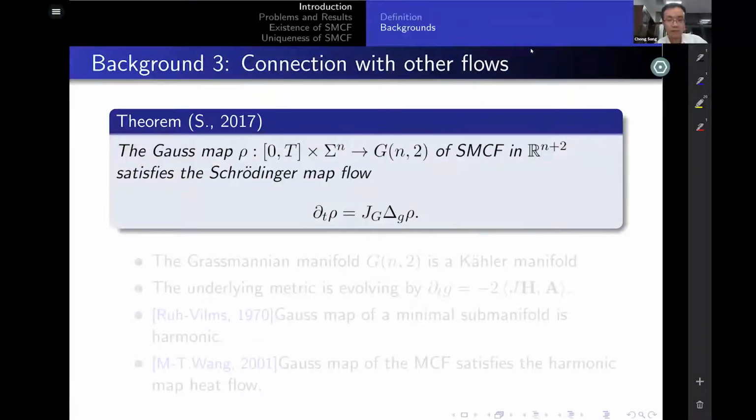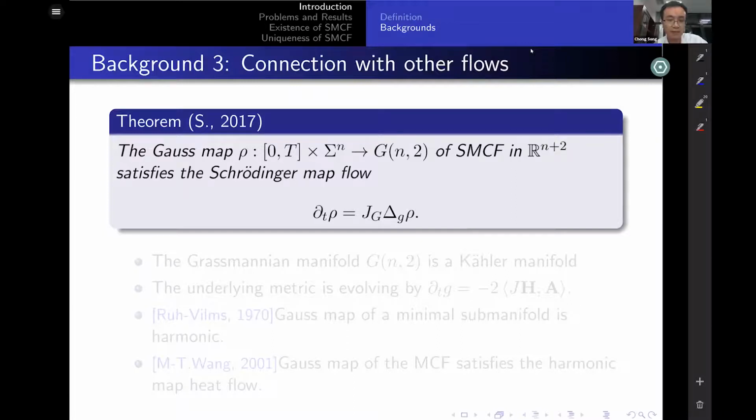And if you look at the Gauss map of the Skew-Curvature flow, then you can find that it satisfies another famous flow, which is the Schrodinger map flow. So it's a Schrodinger type equation, but it involves a map between manifolds.